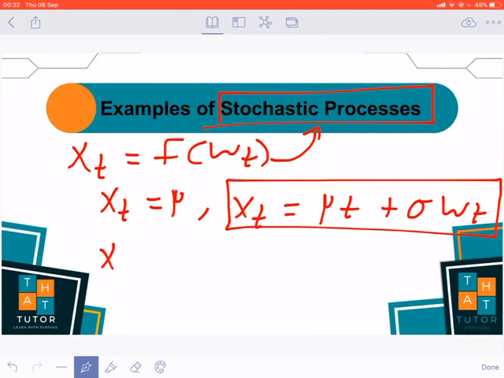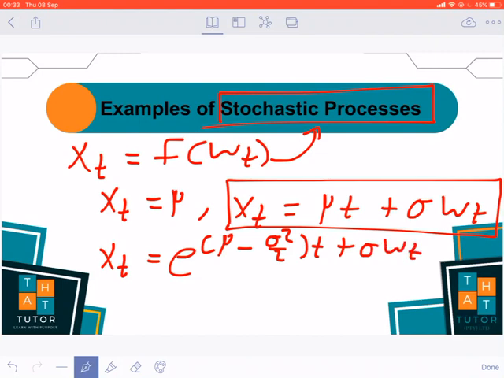Another stochastic process that you can think of: let's say it is equal to e to the power of (μ minus σ squared over 2) t plus σW_t.